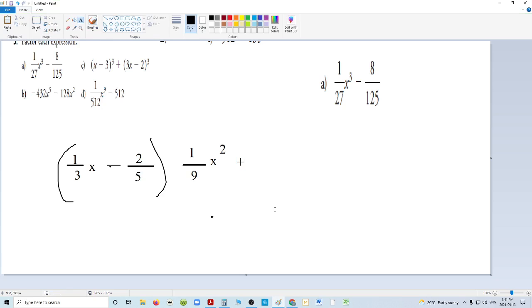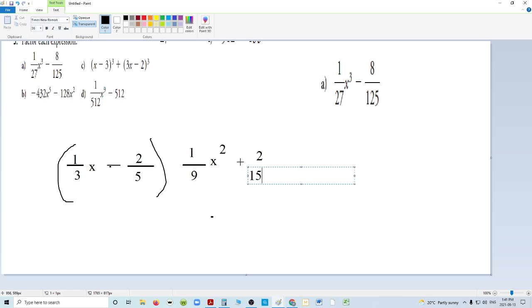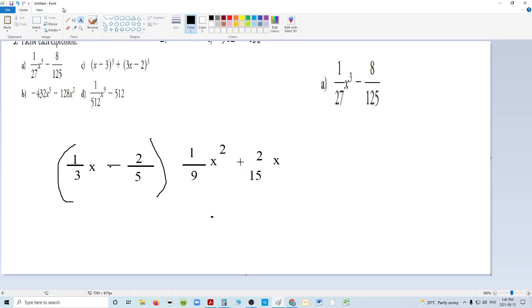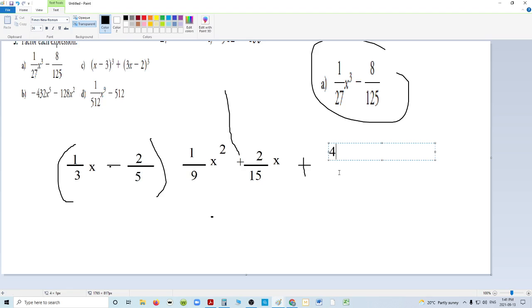What's the two numbers times each other? Well, there's 2/5 times 1/3, which becomes 2 over 15x. You might say, how come it's plus? They were minus. Because remember, when it's difference of cubes, this symbol is a plus, and this symbol here is a plus. Finally, what's this last term squared? 4 over 25.